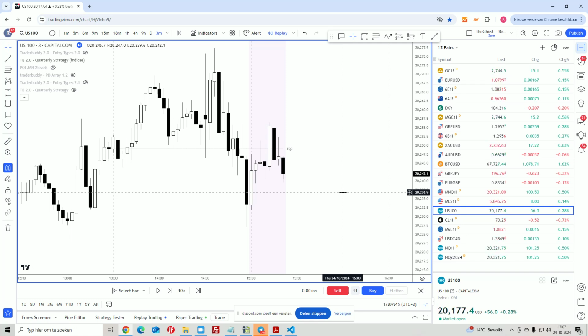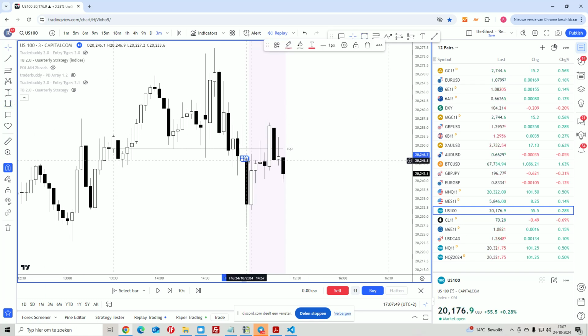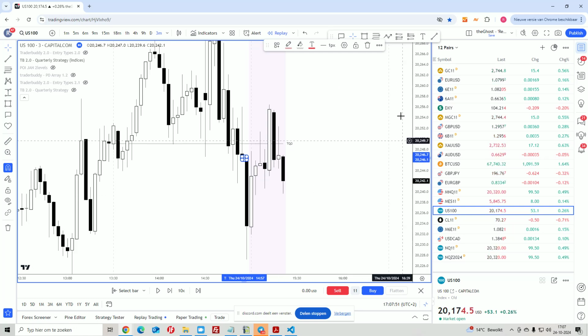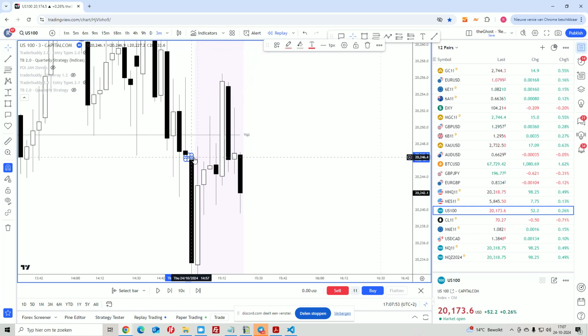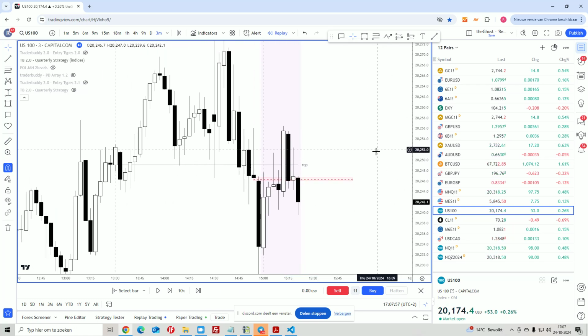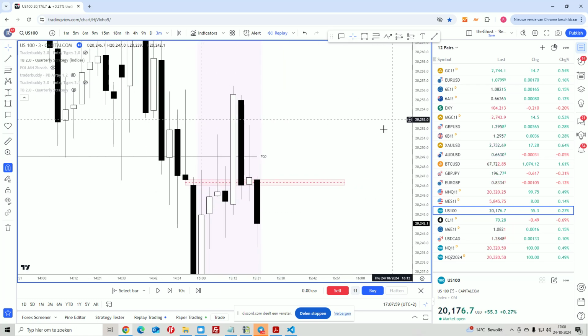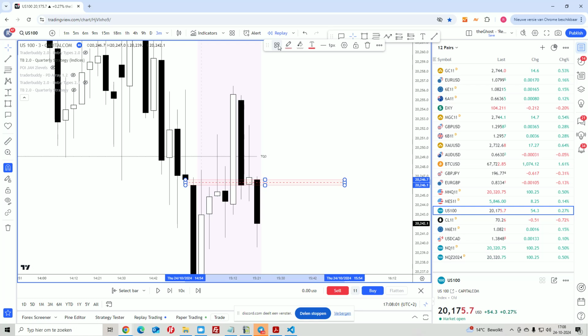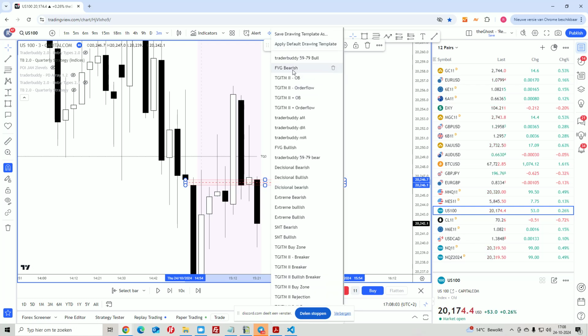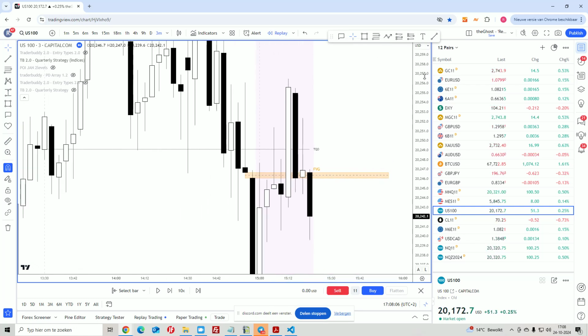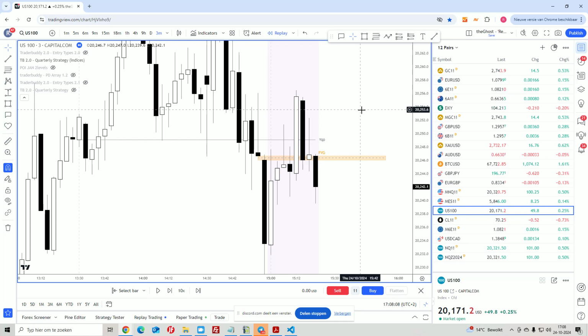programming the indicator. For anybody who asks, is this a fair value gap? No, it isn't, but I consider it a fair value gap. I hope you understand what I mean. Because this is an axial gap, bearish.